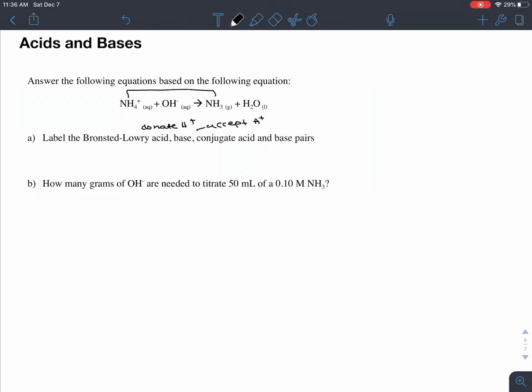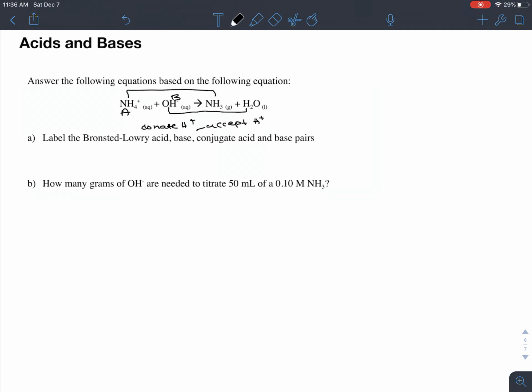Going from NH4 plus to NH3, this NH4 plus donated its hydrogen, so this is my acid. And if you look at OH to H2O, that gained a proton, so that is my base.